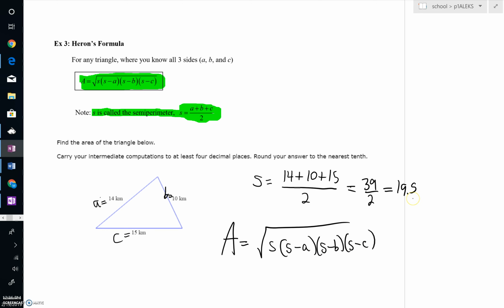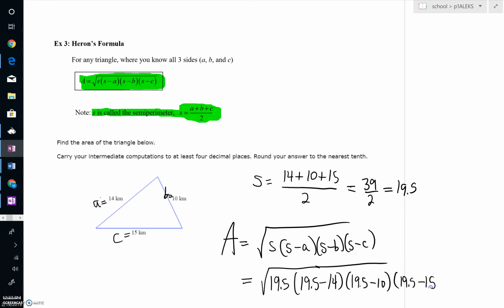You know what s is now. It's 19.5. So it's 19.5. 19.5 minus your first side of 14 times 19.5 minus 10, and then finally 19.5 minus 15.